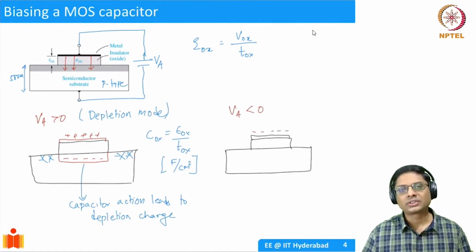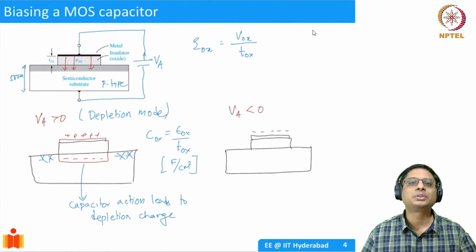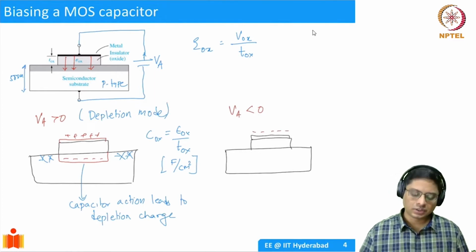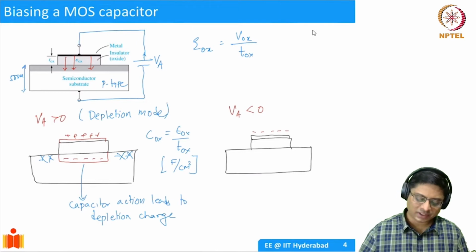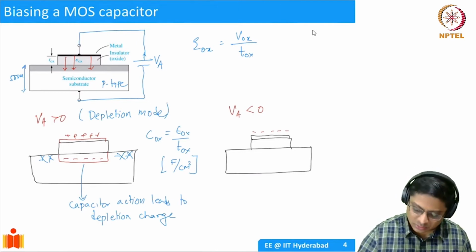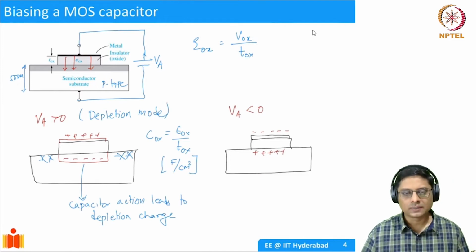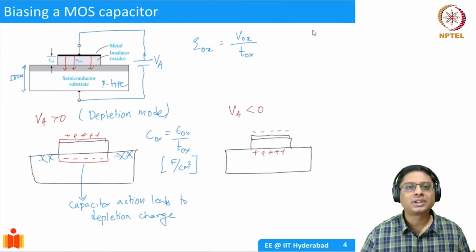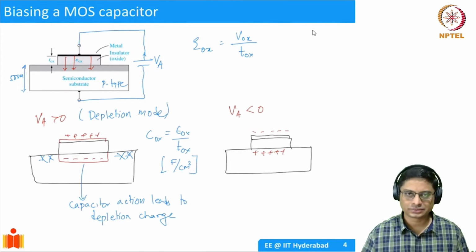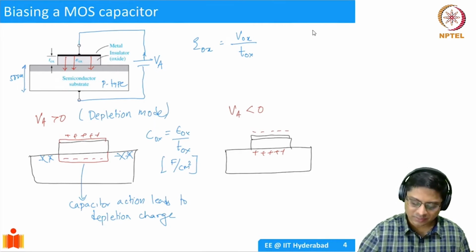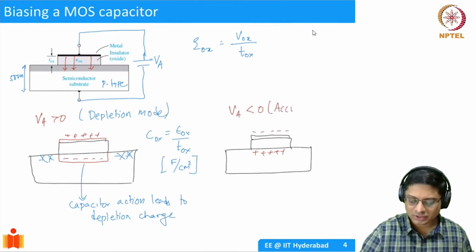So that will cause the holes to come closer to the interface. So if you add a negative charge, what should happen in the substrate? There should be a positive charge. Okay. This is known as accumulation. This sort of a regime is known as accumulation mode.